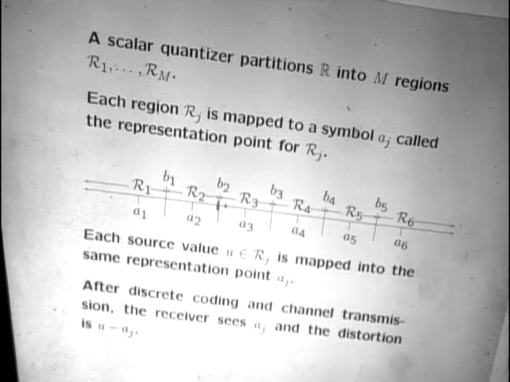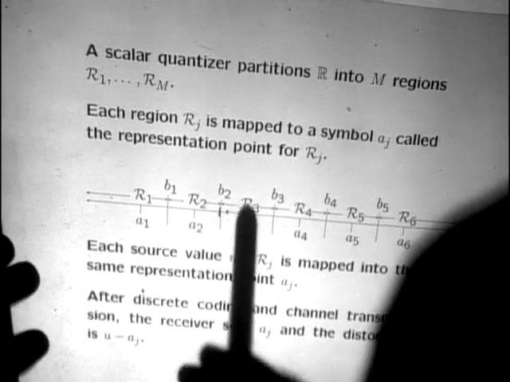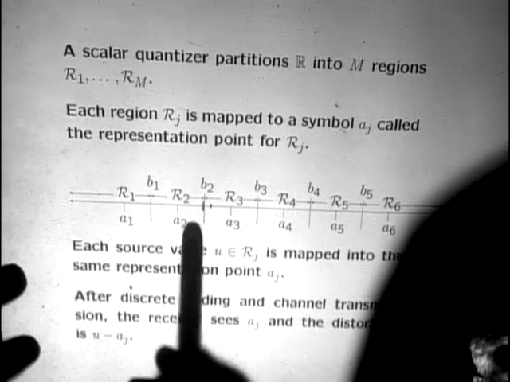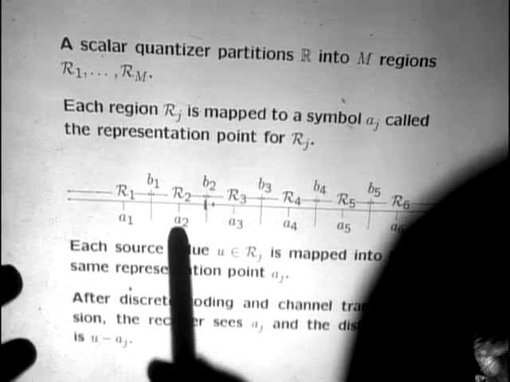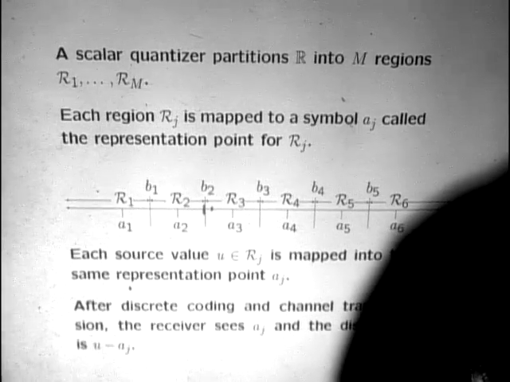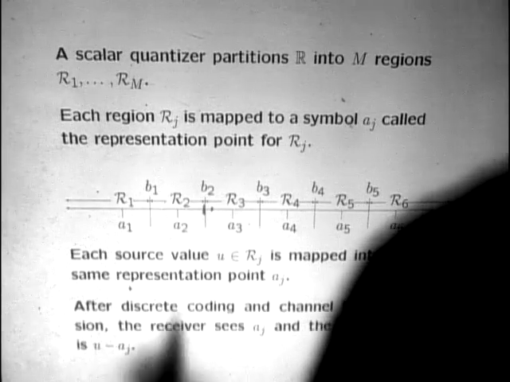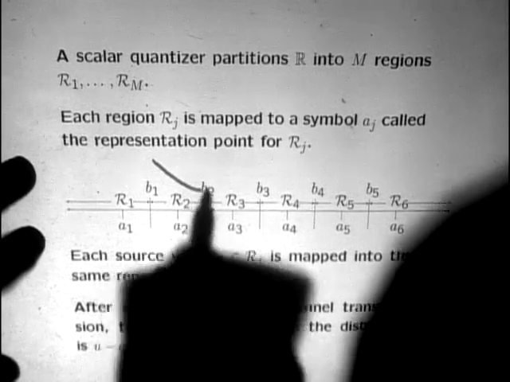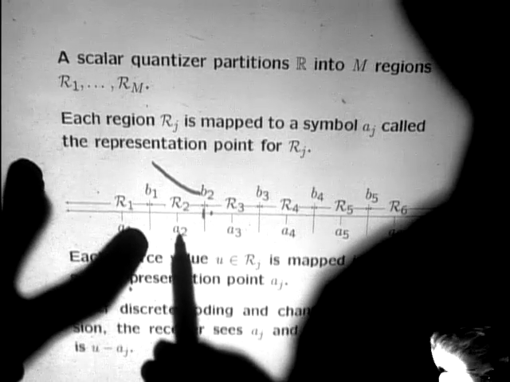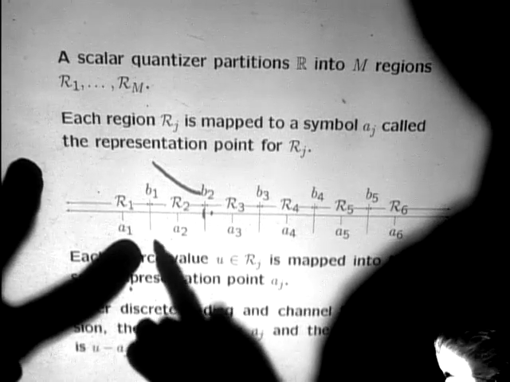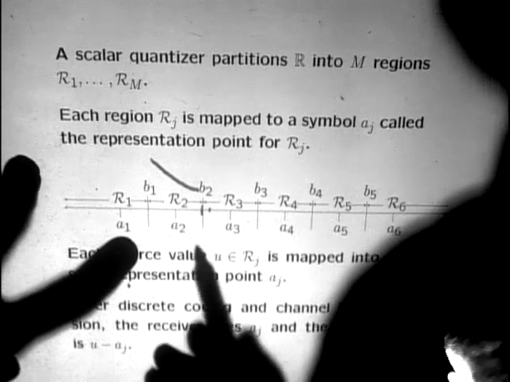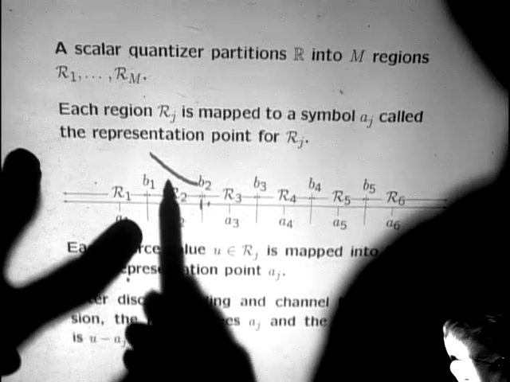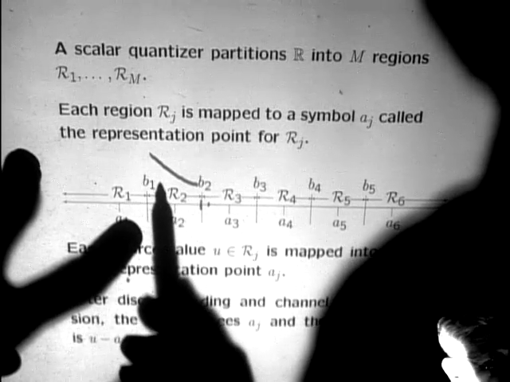If you have a probability density which is highly weighted over on, let's see, were they talking about R2 or R3? That doesn't make any difference. We'll talk about R2. If I have a probability density which looks like this, then I want A2 to be closer to the left-hand side than to the right-hand side. I want it to be a little bit weighted towards here because that's more important in choosing the mean square error.